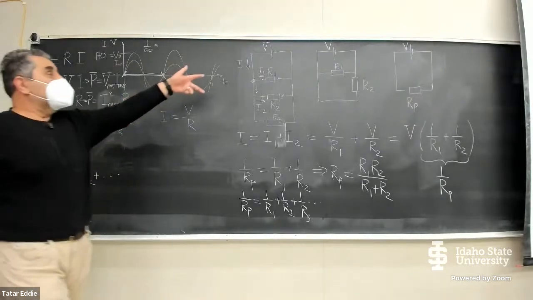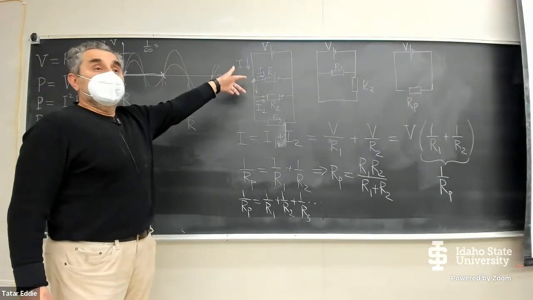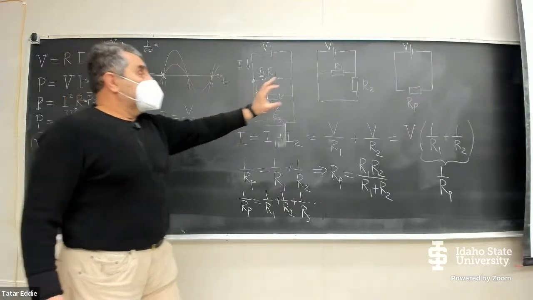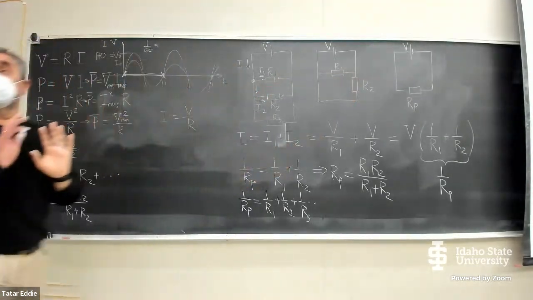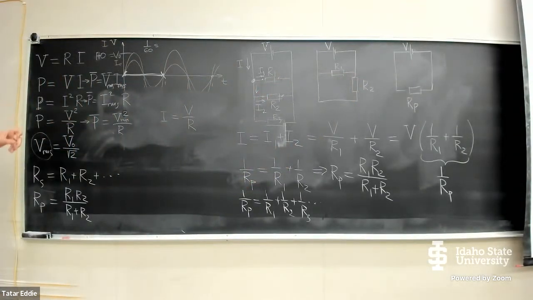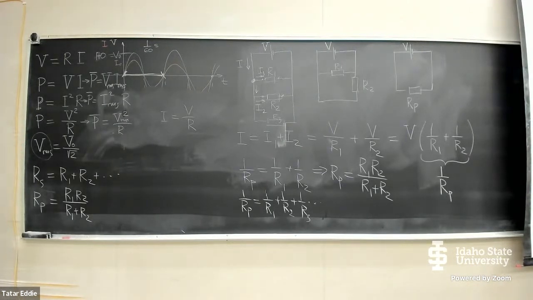Notice that connection in parallel generates a resistance that is smaller than the resistance R1 and resistance R2. So you connect two resistors in parallel, the effective resistance of this combination is smaller than each of the resistances that you have connected.